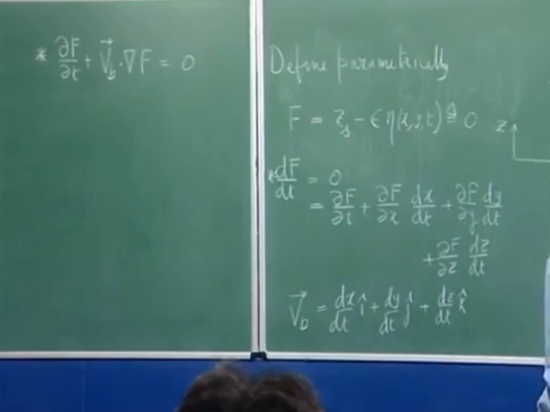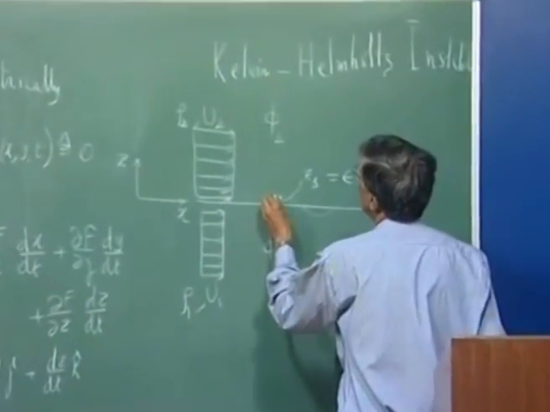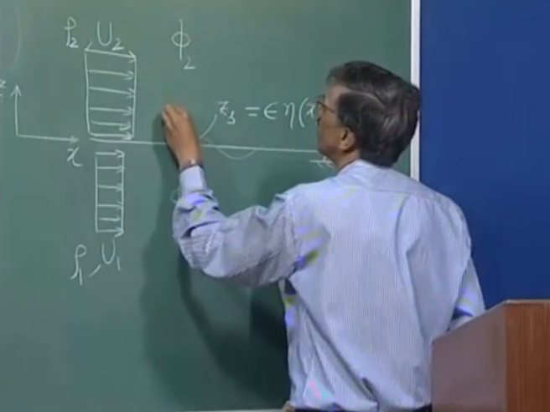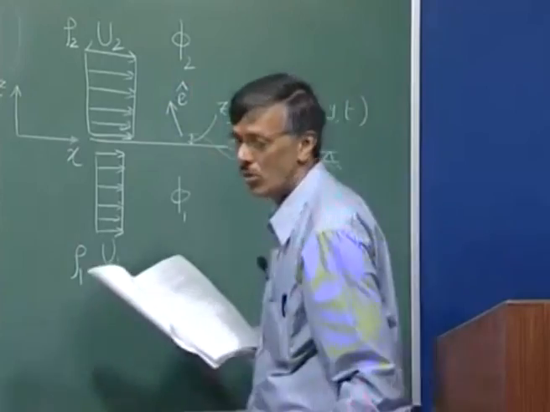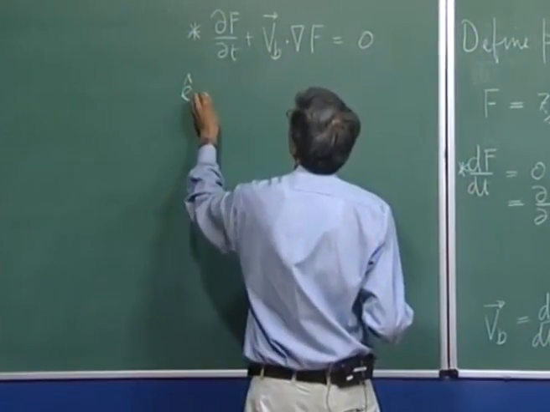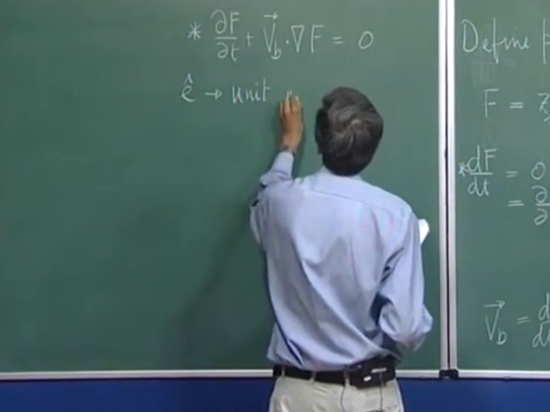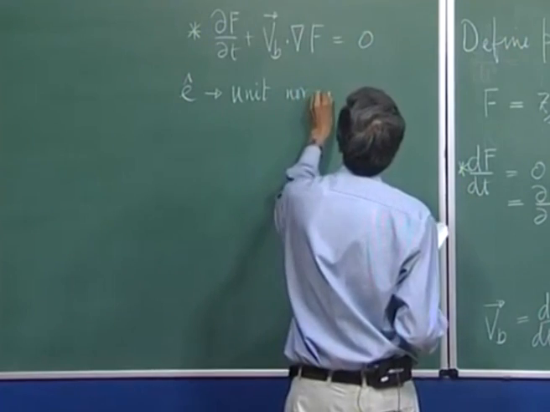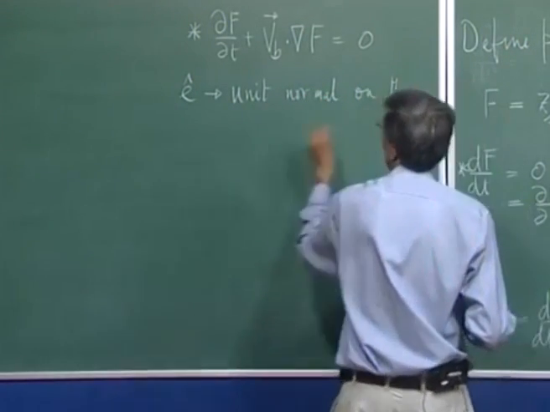Now, if I talk about a unit normal on the surface and I call it E hat, so E hat is basically the unit normal on the interface.